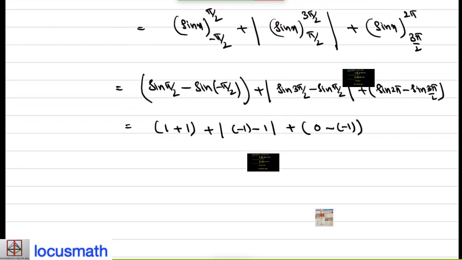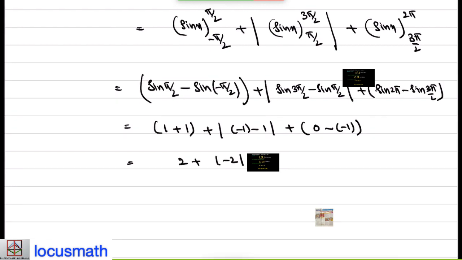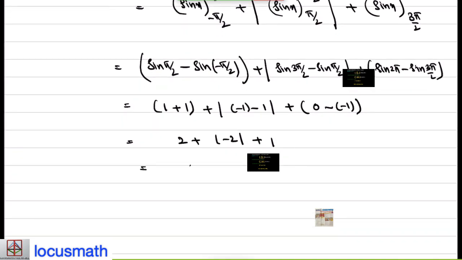So this is equal to 2, plus mod of minus 2, plus 1. Mod of minus 2 is 2 only, so 2 plus 2 plus 1. Therefore the answer is 5 square units. So this is the required area.